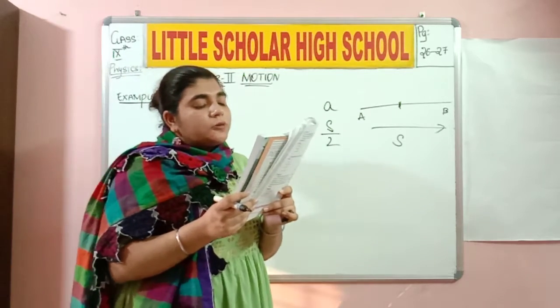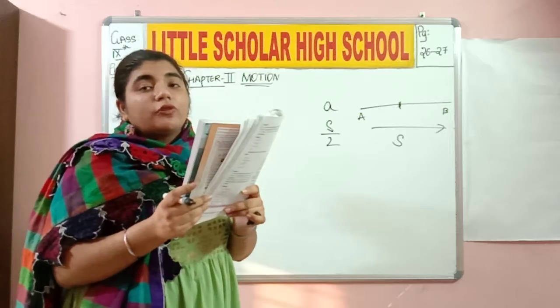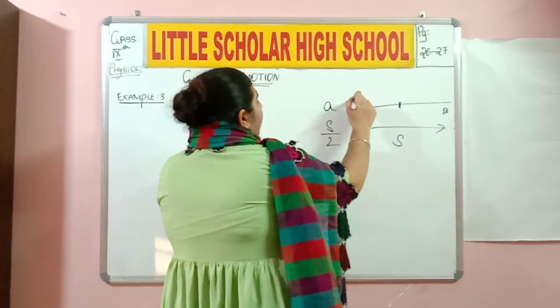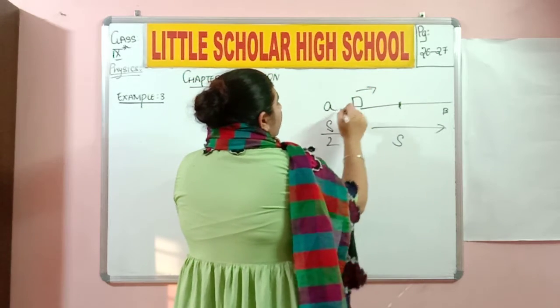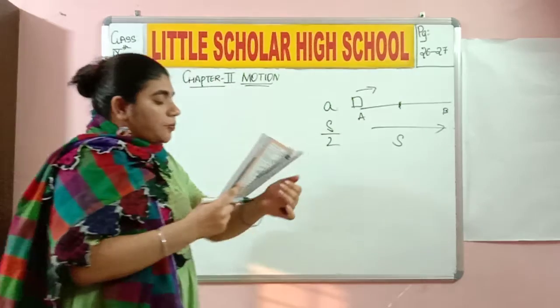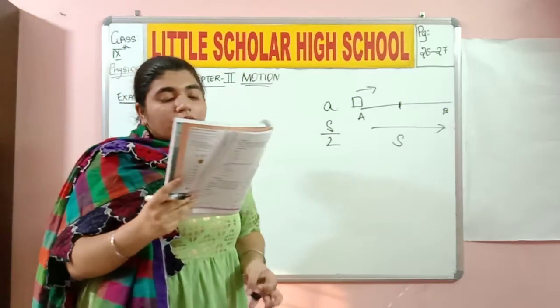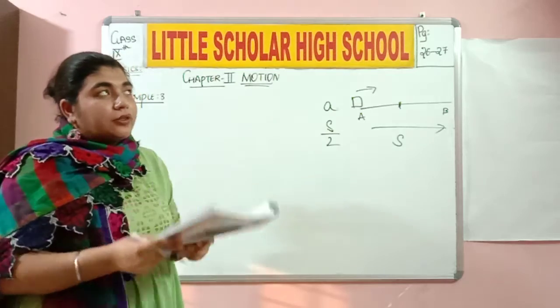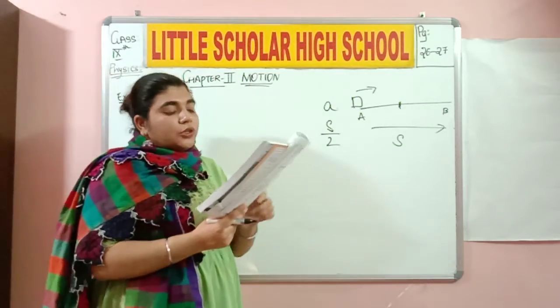So what is the speed of the body moving from point A with uniform acceleration a, at the midpoint of two points on a straight line, where the speeds are u and v? Let's see the solution.